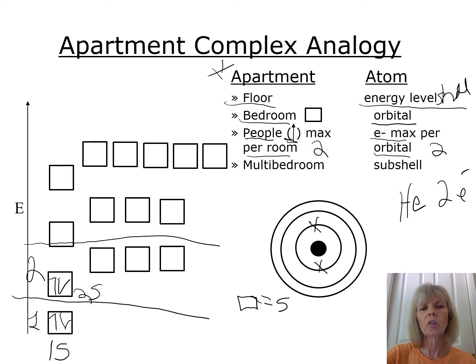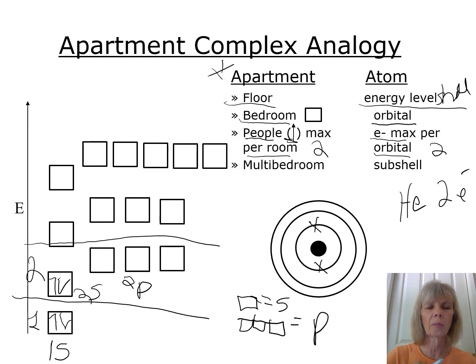If I want to go to the apartment with 3 bedrooms, it's still on floor 2, so I put 2 because that tells me what shell I'm in. 3-bedroom apartments are called P's, so this would be called 2P.